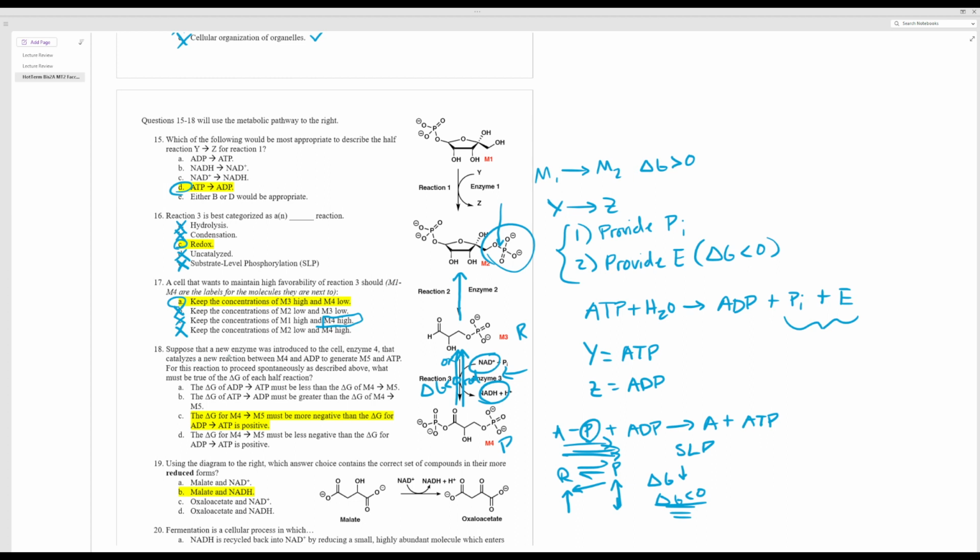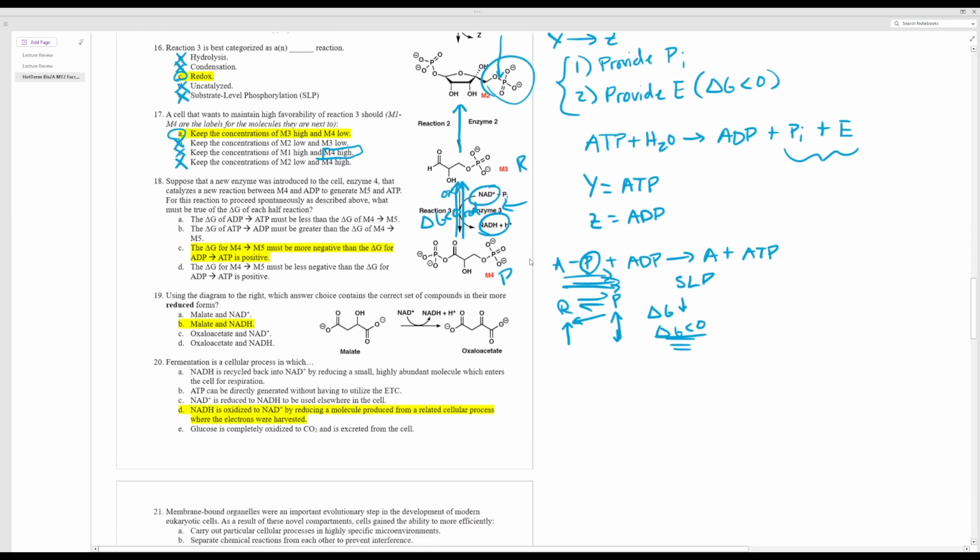Okay, 18. Suppose that a new enzyme was introduced to the cell, enzyme 4, that catalyzes a new reaction between M4 and ADP to generate M5 and ATP. For this reaction to proceed spontaneously as described above, so what we're saying is M4 plus ADP goes to M5 plus ATP, and my delta G is less than 0.